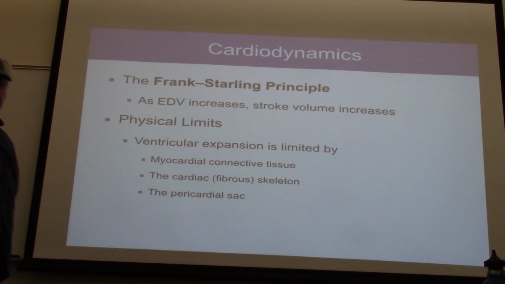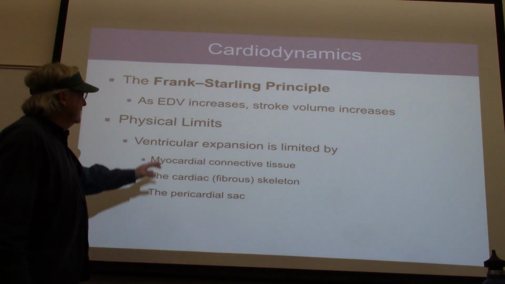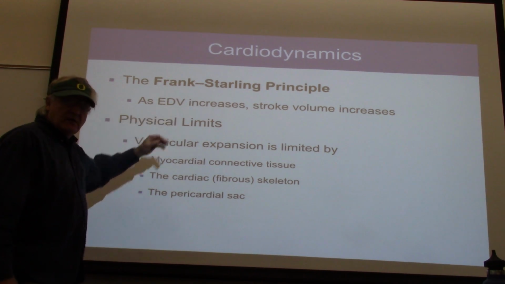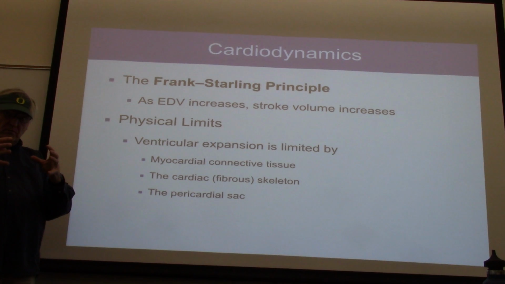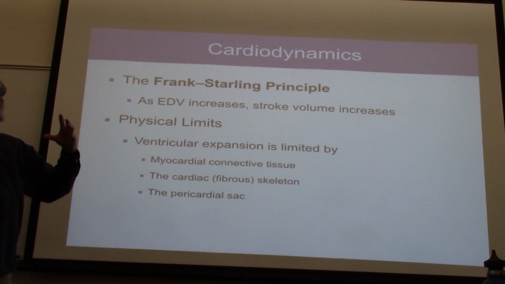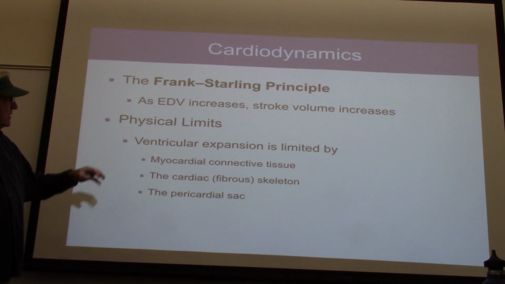The Frank-Starling principle is the most important concept in improving patients' cardiac output. Basically what it says is that as you increase the end-diastolic volume, in other words, as you fill the heart up more, even fuller yet, that will increase your stroke volume, and that will increase your cardiac output.